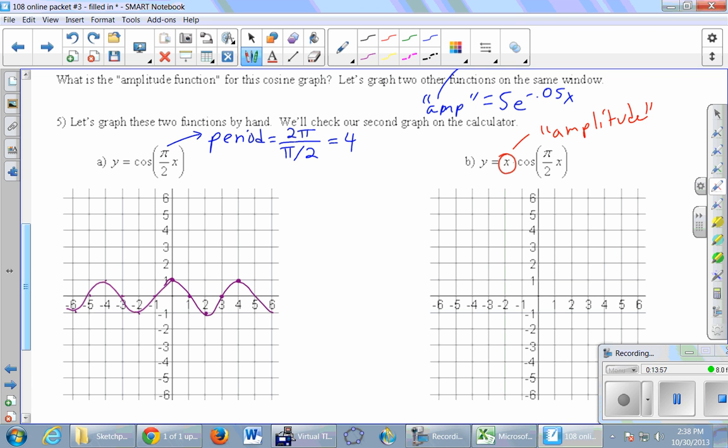So let's graph y equals x. So there's y equals x. And then what's the other thing we should graph? Well, before we graphed y equals negative 5e to the minus 0.05x. So why don't we graph y equals negative x?